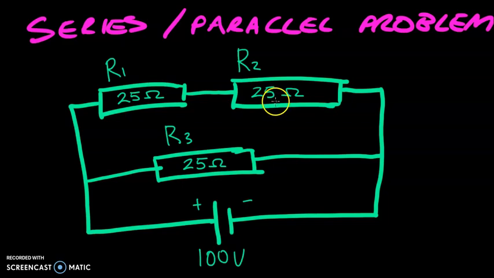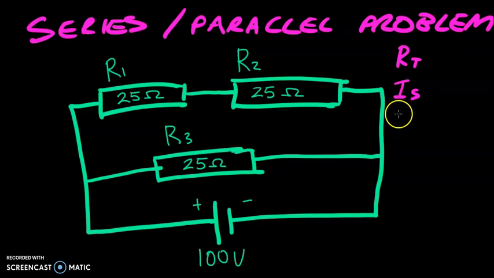Now, there are always more than one way of addressing these kinds of problems, but this is what I would choose. I might see if I can give you some options along the way as well. So, what did I ask them to find? Well, first of all, I asked for RT, total resistance. I then asked for IS, supply current.